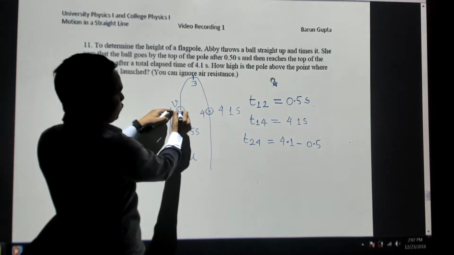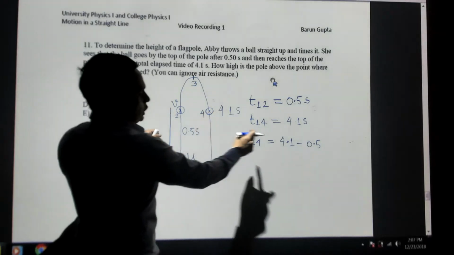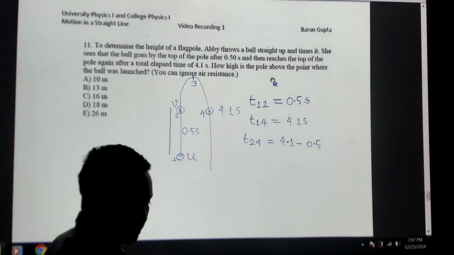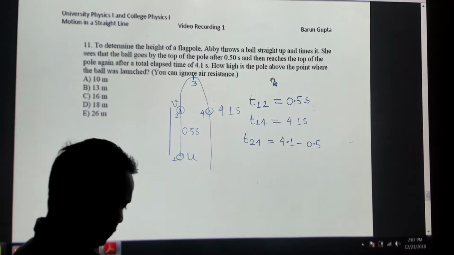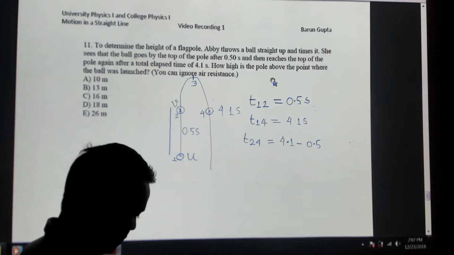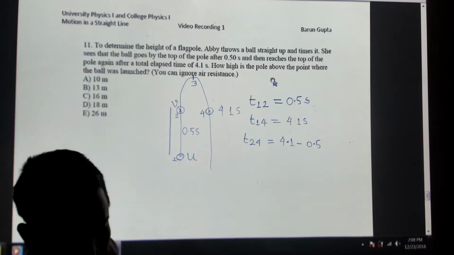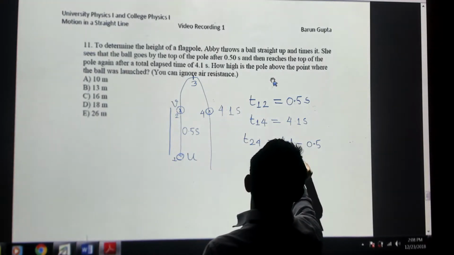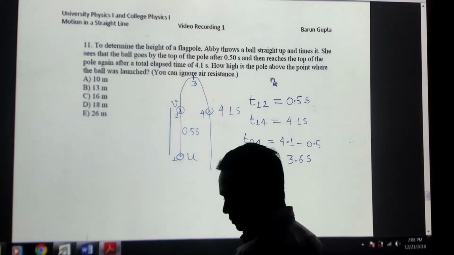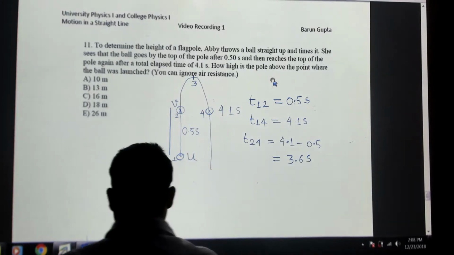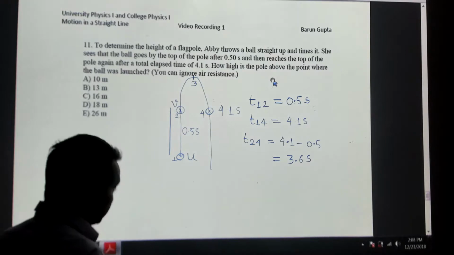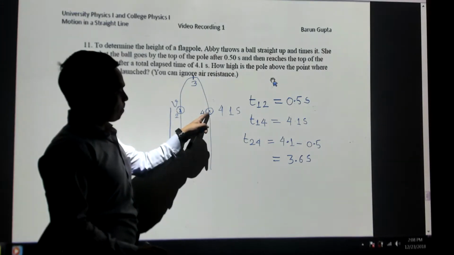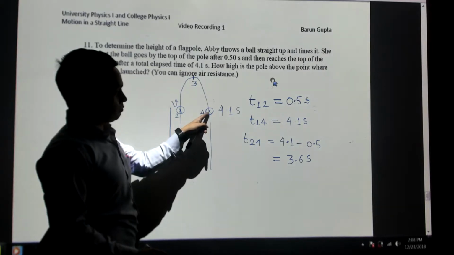So the time to go from point 2 to point 4 will be 4.1 minus 0.5, which is 3.6 seconds.